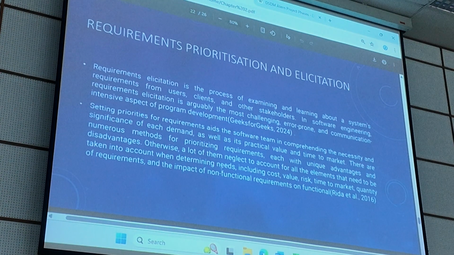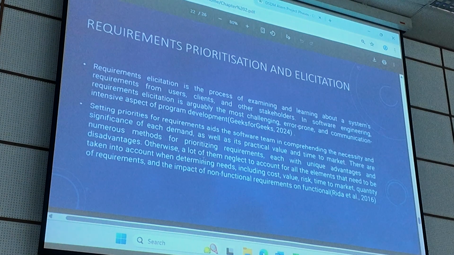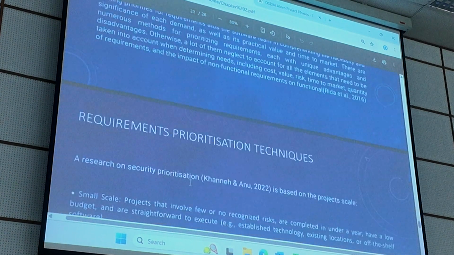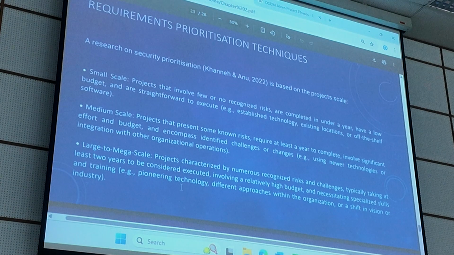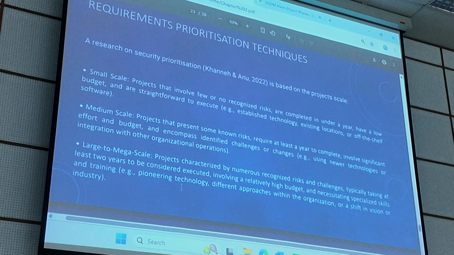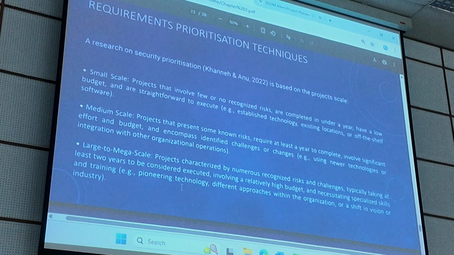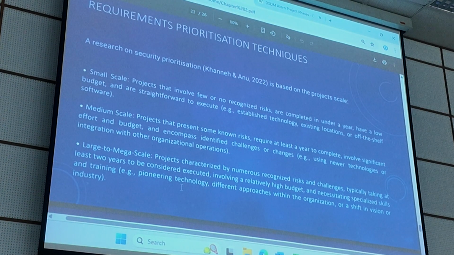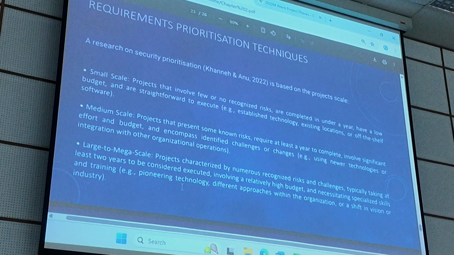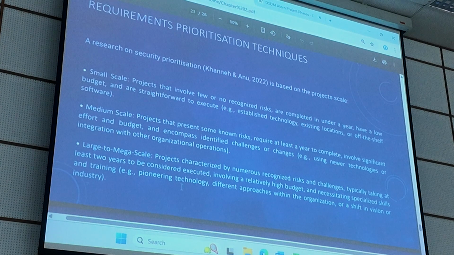you may base it on the severity level, or there is research saying that you may base it on the project scale: large, medium, and small. By this research, Kane and Anu prioritize the security according to the project scale. Small scale means the project involves few or no recognized risks, can be completed within 1 year, and has a low budget.